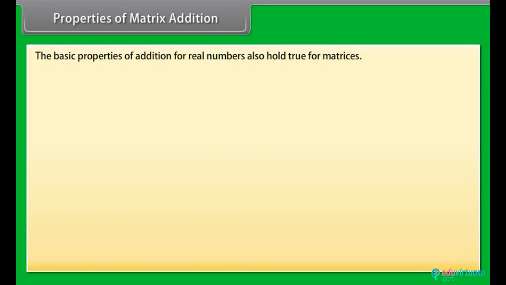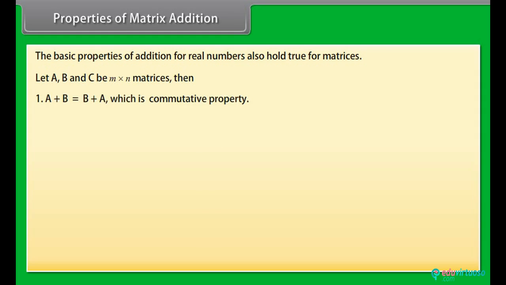Properties of matrix addition. The basic properties of addition for real numbers also hold true for matrices. Let A, B and C be m by n matrices. Then A plus B is equal to B plus A, which is the commutative property. Associative property: A plus B plus C is equal to A plus B plus C, with grouping changed.